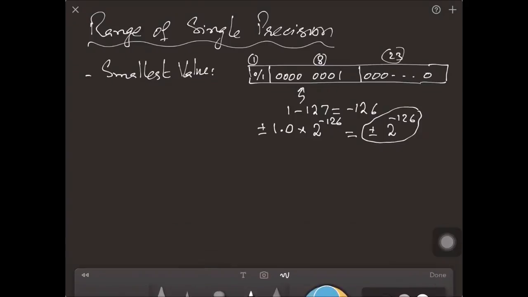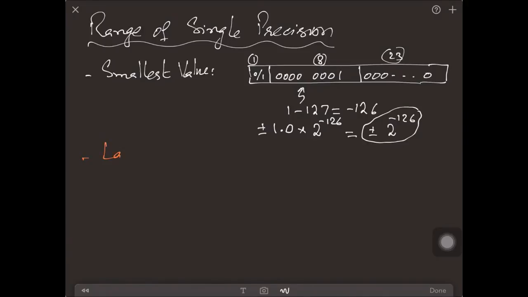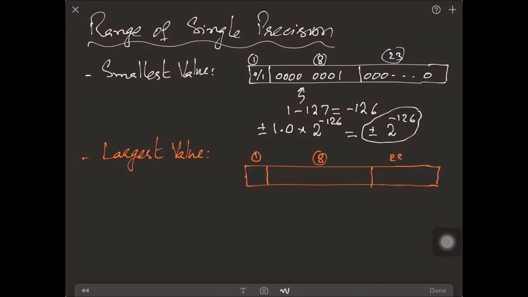Let me talk about the largest value. For single precision, again we have 32 bits, 1 sign bit, 8 exponent, and 23 for the mantissa part. Sign can be positive or negative. The exponent can be 1111 1110.